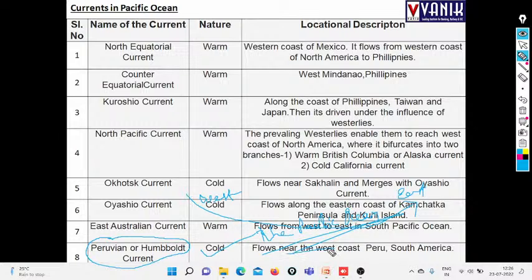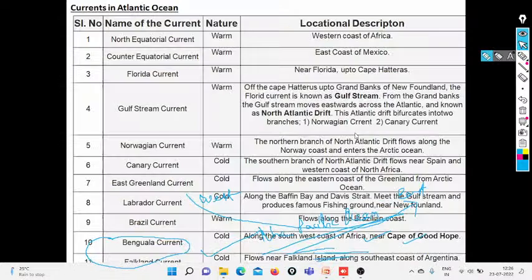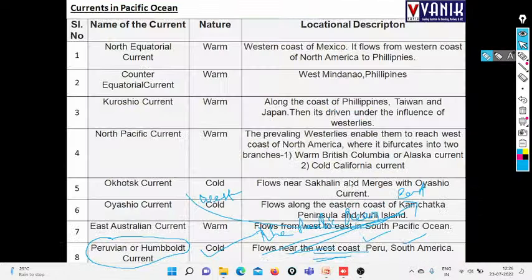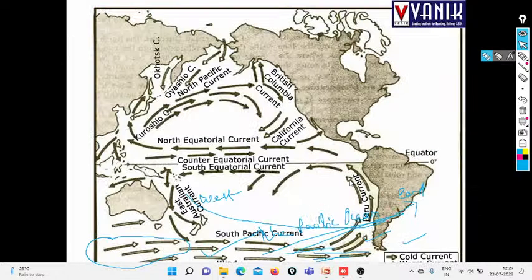It flows near the west coast of Peru, South America.